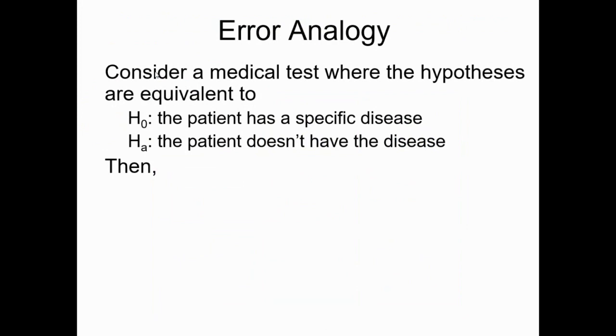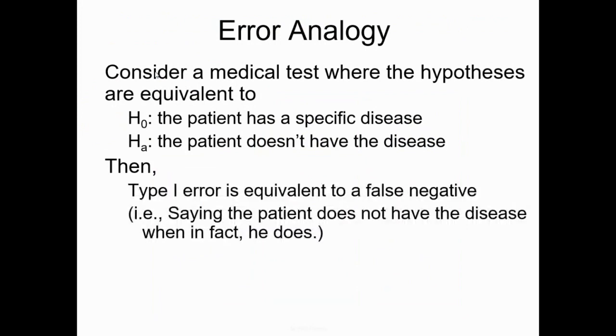The patient has it, that's the null. The alternative is that the patient does not have COVID. And then the type 1 error would be equivalent to a false negative. That'd be like saying the patient does not have COVID when they actually do.